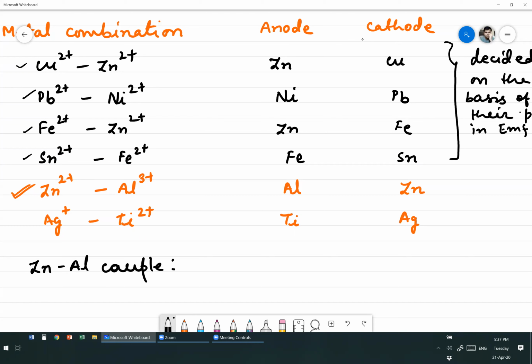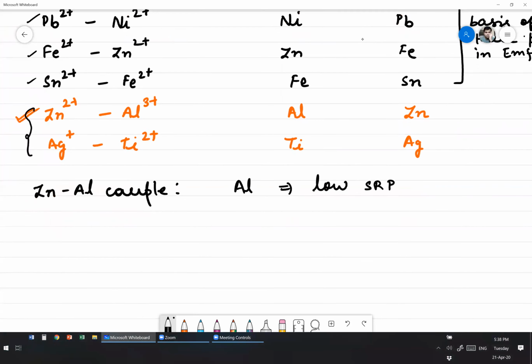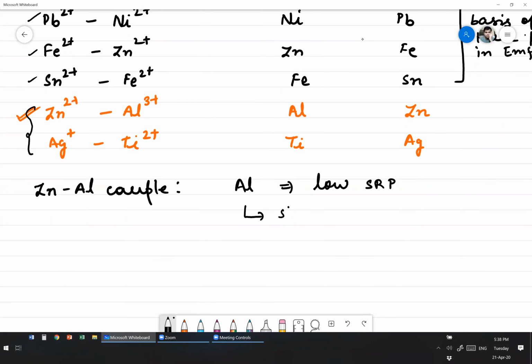But there is something different in the case of these two metal couples. In the zinc aluminum couple, we know that aluminum metal has a low standard reduction potential in comparison to zinc, so it should act as anode.